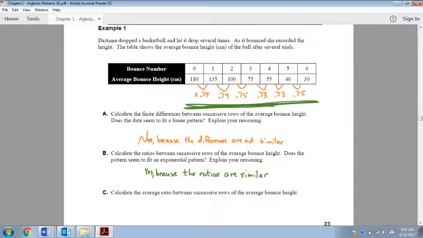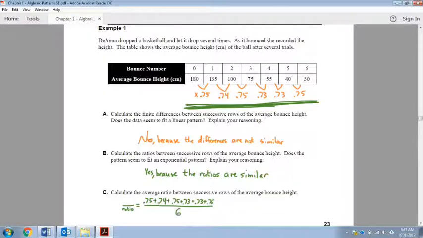Alright, the last but not least, calculate the average ratio between successive rows of the average bounce height. So basically, you add them all up and divide by however many there are. So the average ratio equals, add them all up, 0.75 plus 0.74, plus 0.75 plus 0.73 plus 0.73 plus 0.75, and we are going to divide it by, 1, 2, 3, 4, 5, 6.